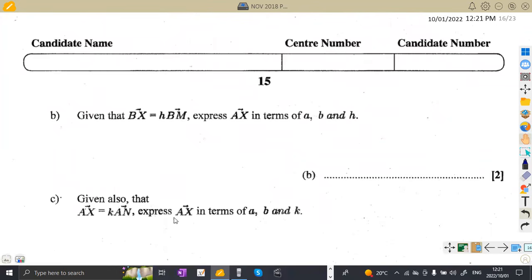On this item, we are now given that BX is HBM. Express AX in terms of this. So the first thing is that we are given BX. Since we are told that BX is equal to HBM, let's cross-check: do we have BM? Did we calculate BM before?